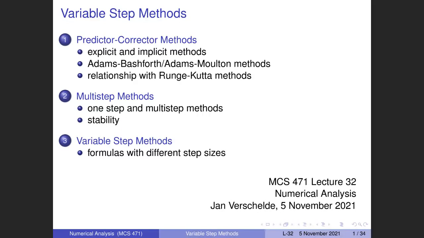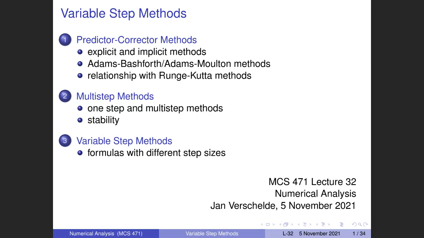We will generalize this idea, and that will lead to the class of Adams-Bashforth, Adams-Moulton methods. Pairs of methods we have seen with the embedded pairs of Runge-Kutta methods. What is the relationship between Adams-Bashforth, Adams-Moulton, and the Runge-Kutta methods?